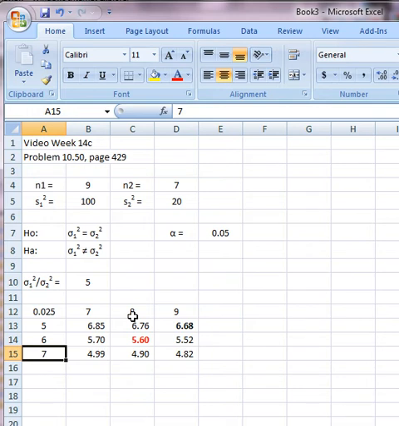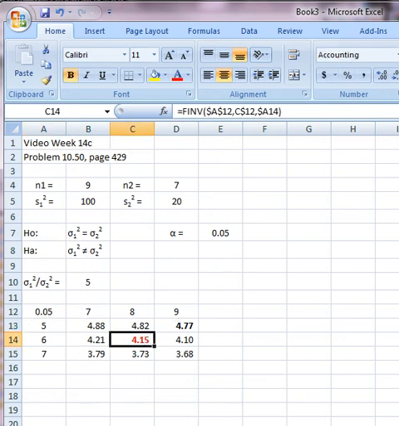Incidentally, if it had been a greater than or less than problem, we simply would have not divided alpha into two pieces. We'd use the 0.05 table. And again, we'd make sure we had the big number on top and the little number on the bottom, and then away we go. So we'd have an F statistic now of 4.15, and we could reject the null hypothesis.